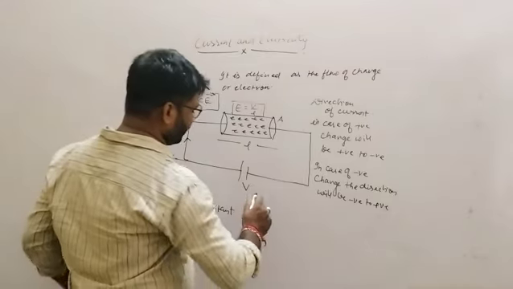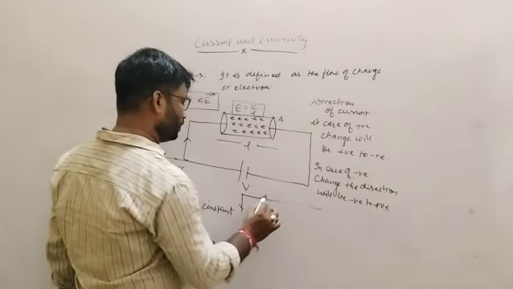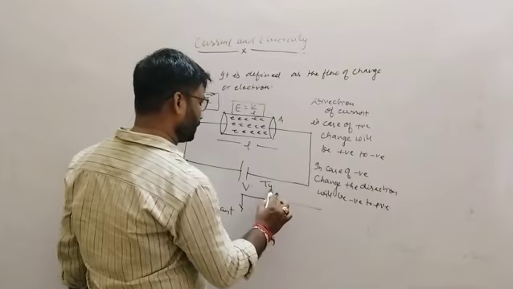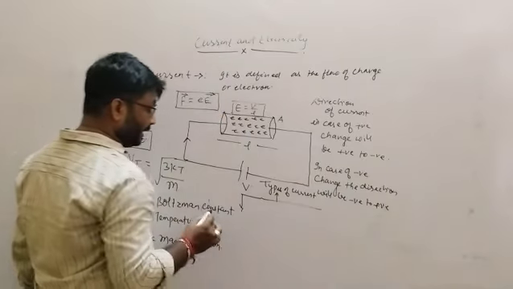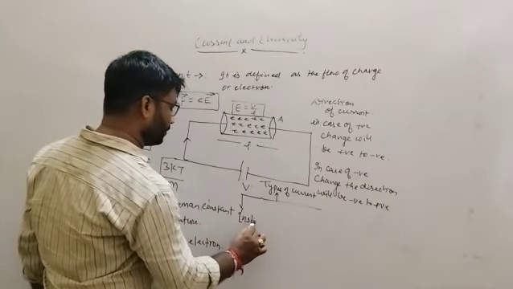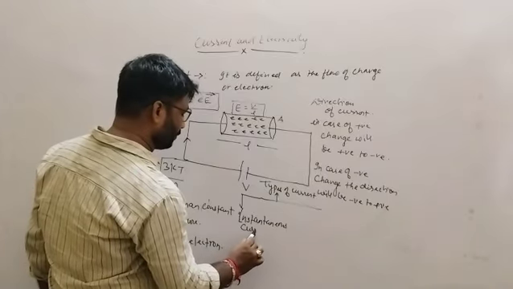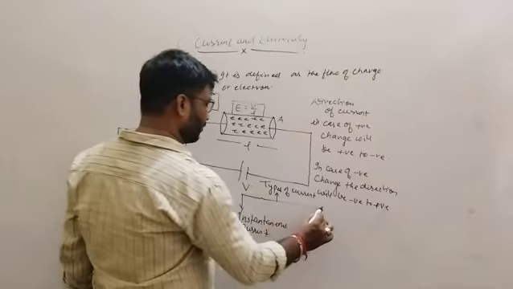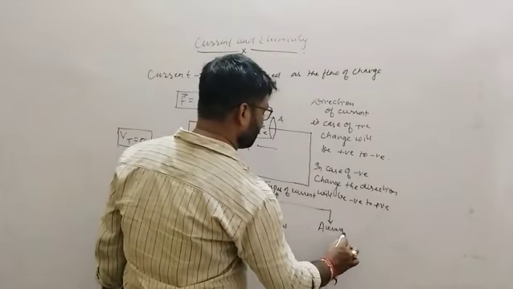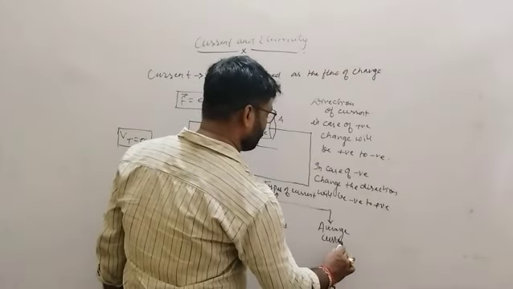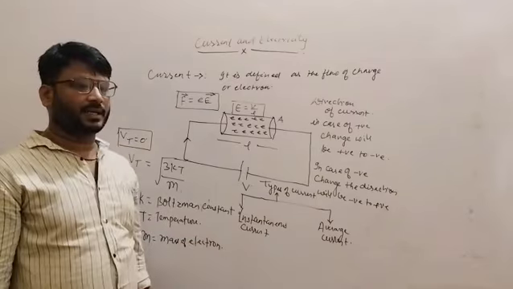The current is generally of two types: one is called instantaneous current and another is called average current.